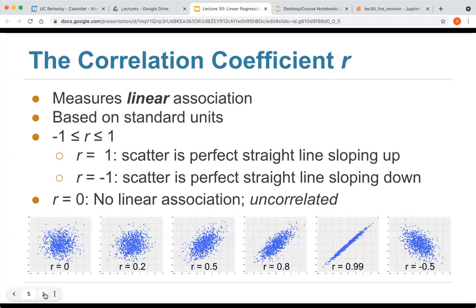And with that in mind, before we go on, those graphs there, what we have done is we have generated data randomly to give you scatter diagrams that have correlations that are very close to those that are listed on the pictures. So this, the extreme right, where it says R equals -0.5, it might be a -0.501 or something, but it's close.